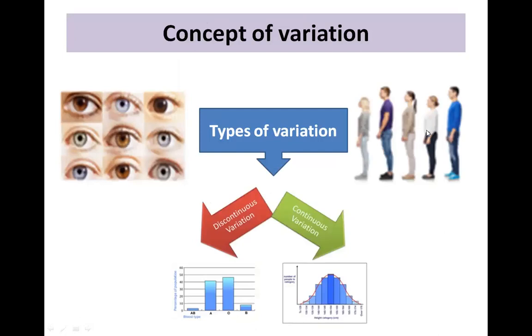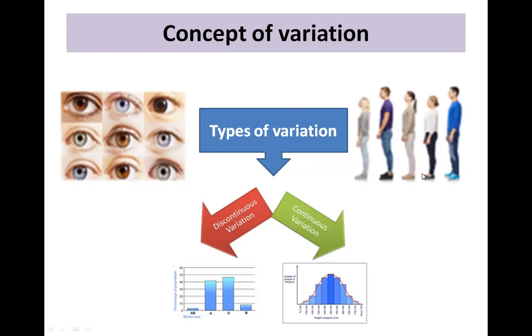Whenever we are discussing variation, we know that in nature we are seeing so many types of variation. For example, I have shown two pictures. In the left picture, we can find a variety of iris colors, isn't it?